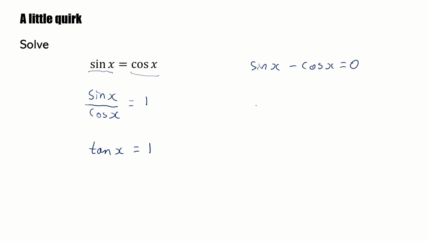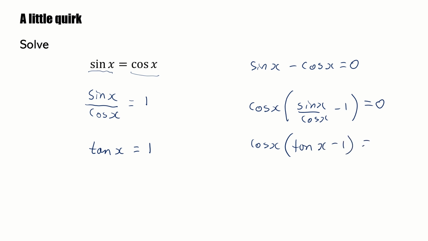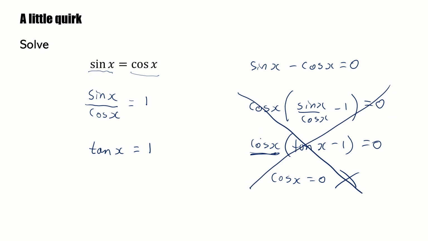But then if you factorize the cos of x out, you'd end up with cos of x, open brackets, sine of x over cos of x minus 1 equals 0, which will get cos of x, open brackets, tan of x minus 1 equals 0, and in doing so, this thing being set equal to 0 would create some extra solutions that shouldn't exist. So therefore, don't do this because you're factorizing something that wasn't there. You should only factorize out something that's appearing as an actual factor in all the things you're factorizing out of.